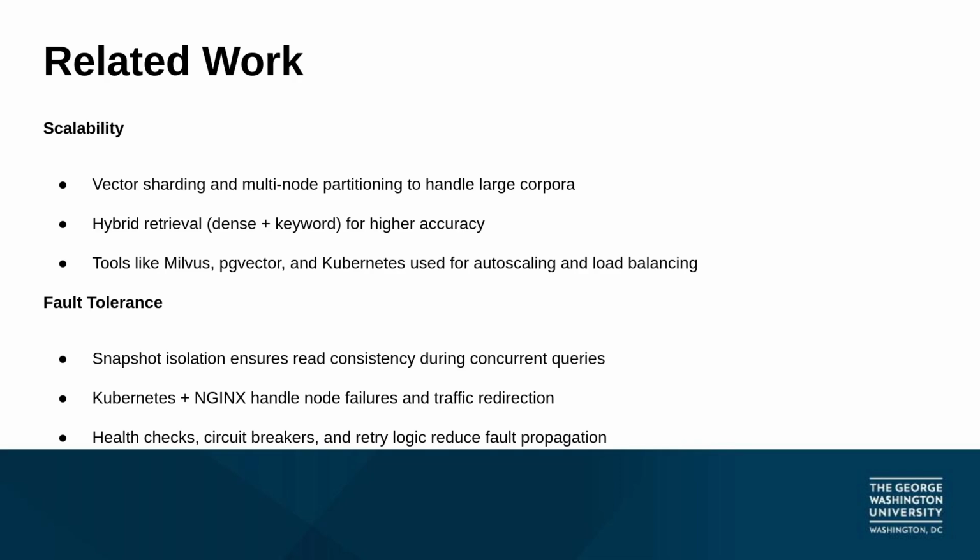And we have learned from related work in addressing scalability. Prior research highlights vector sharding, multi-node partitioning, and hybrid retrieval using tools like Milvus and Kubernetes for handling large corpora. Fault tolerance is managed through snapshot isolation, Kubernetes traffic redirection, and resilience mechanisms like health checks and circuit breakers.